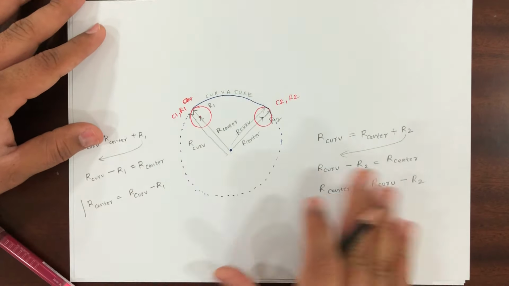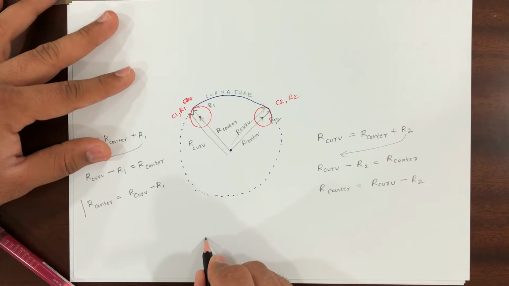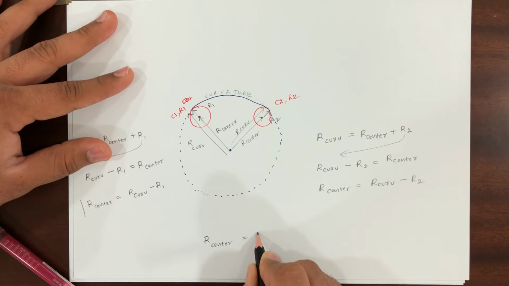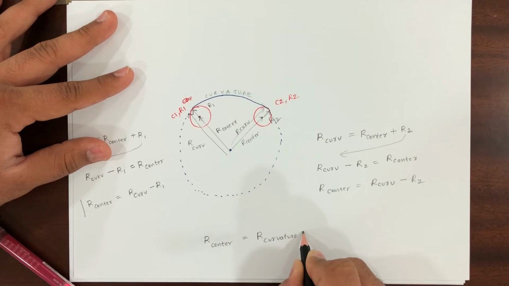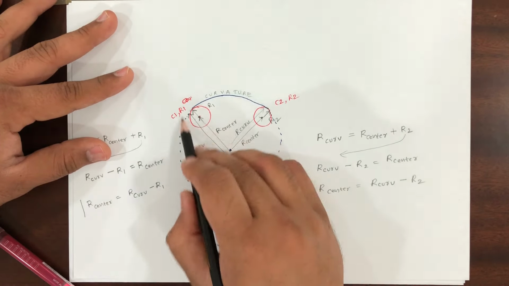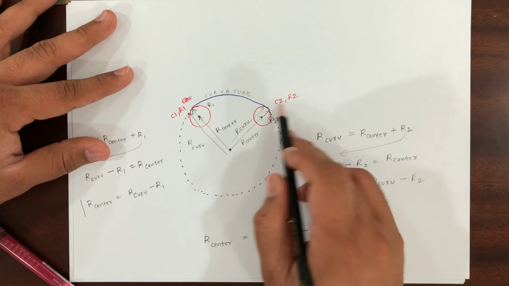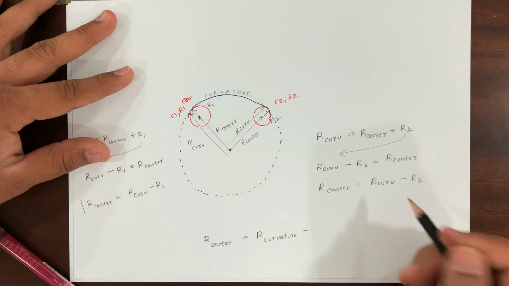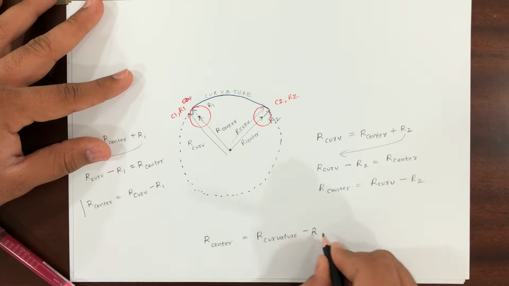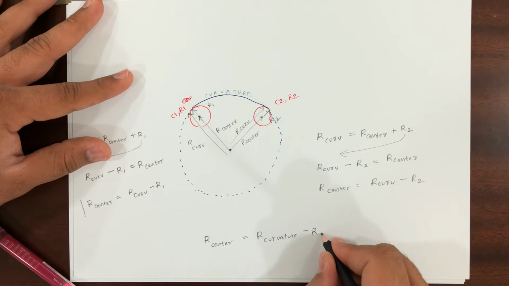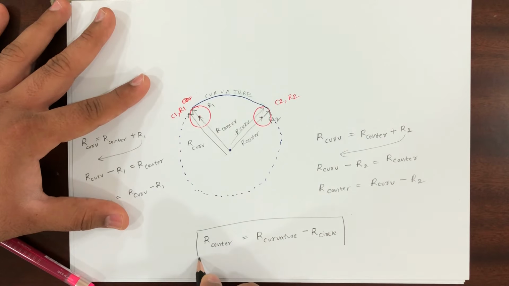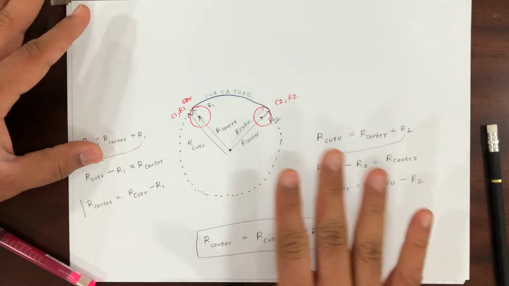Now this is specific. Okay, if you want the general formula, what will it be? R center equal to R curvature minus R1. R1 is what? Radius of the first circle, radius of the second circle, nothing but radius of circle. So R1, R2 are nothing but radius of circles. So this is the general formula for this type of curvature.